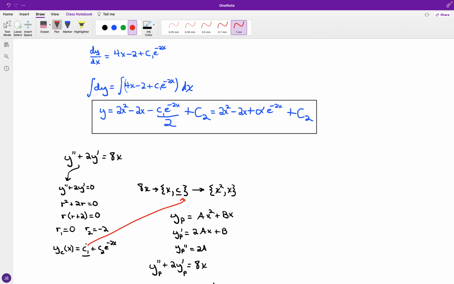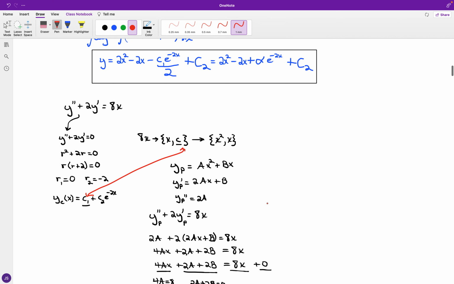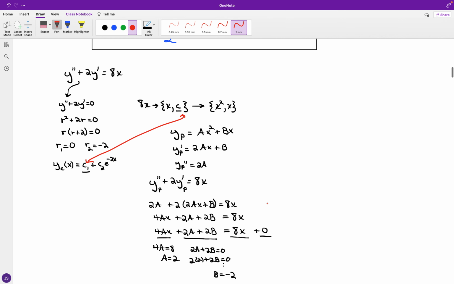And anytime we have a duplication, we're looking at multiplying this set by a power of x. So x becomes x squared, and the constant goes to constant times x, or just x itself. And with the method of undetermined coefficients, we have y sub p equal to ax squared plus bx.